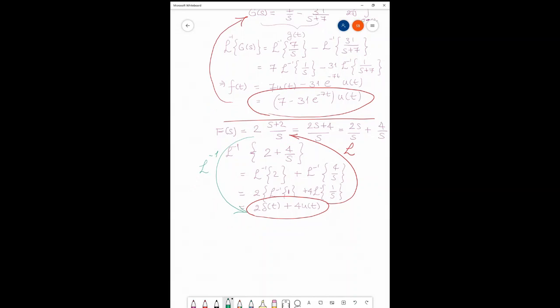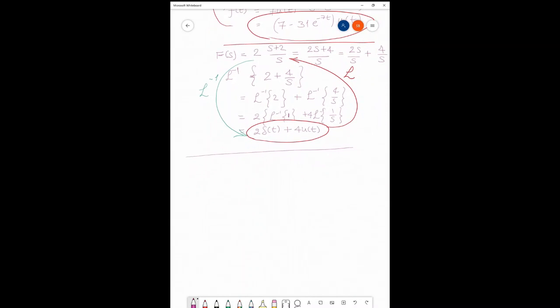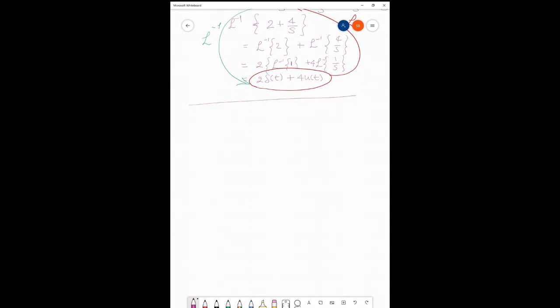Alright. But in some cases we are not going to have functions as easy, in which case we have to split them into partial fractions. For example, when you are given a function, say V(s), equal to 1 over (s plus alpha)(s plus beta).